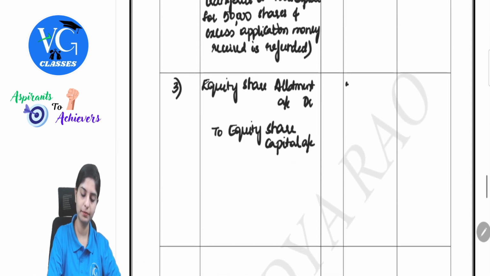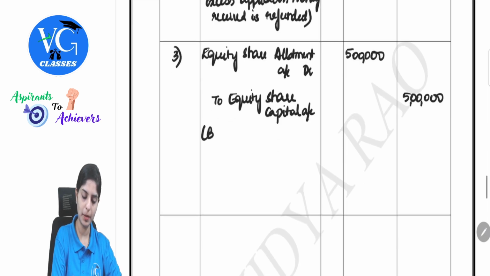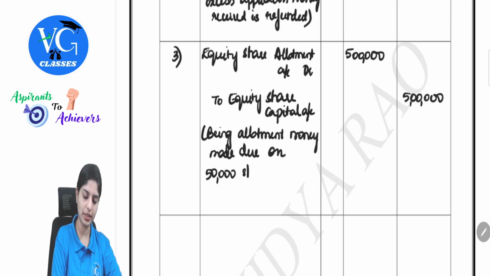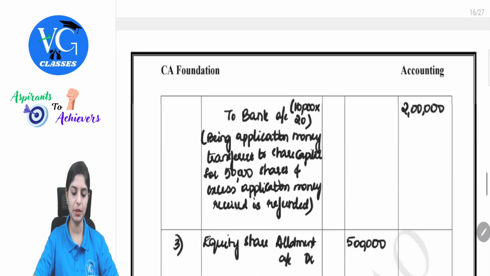So this will be 5 lakh. Being allotment money made due on 50,000 shares.